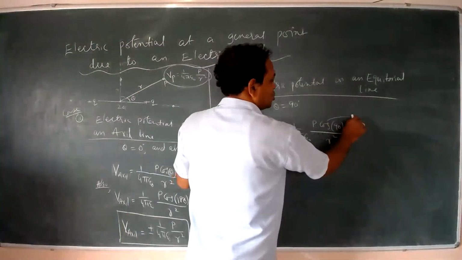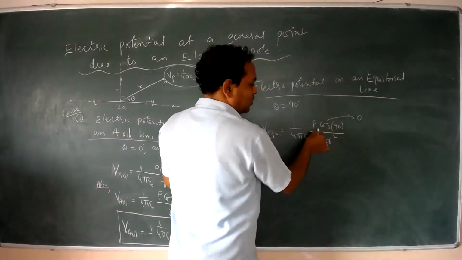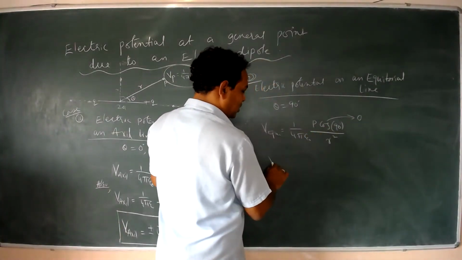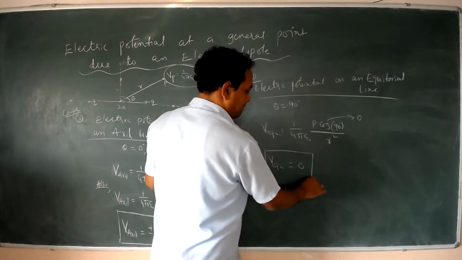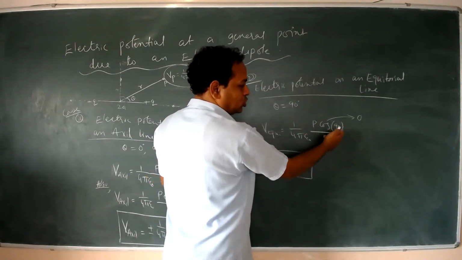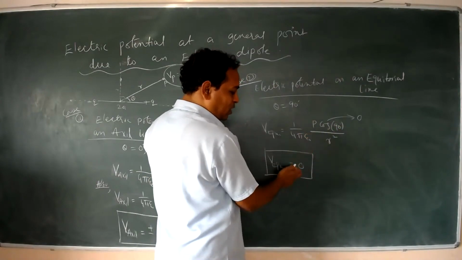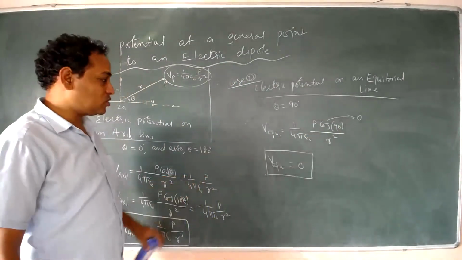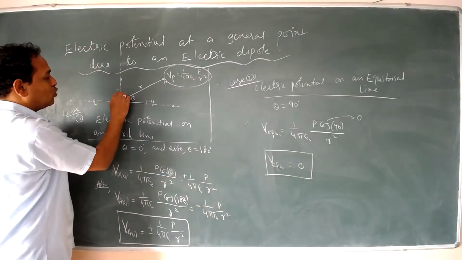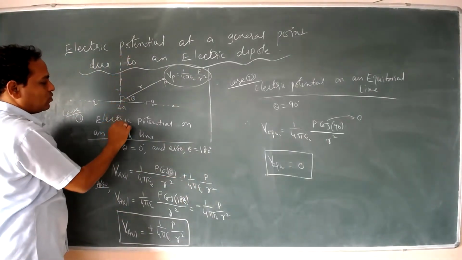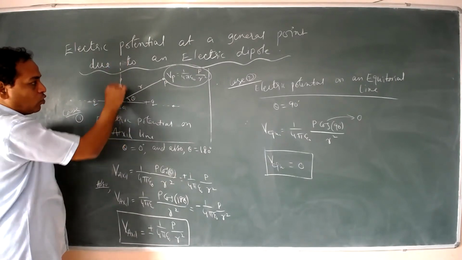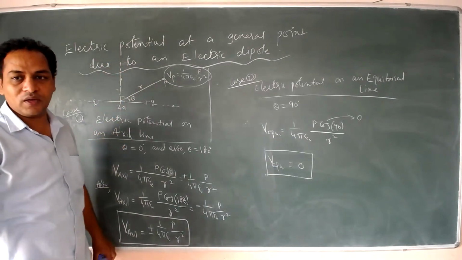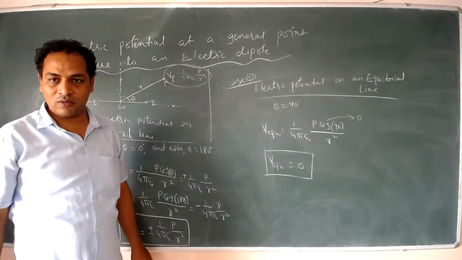Here we know that cos 90 is 0. 0 multiplied with the remaining terms will again be 0. So that means on the equatorial line, wherever you go, on the upside or downside, the electric potential will be 0.